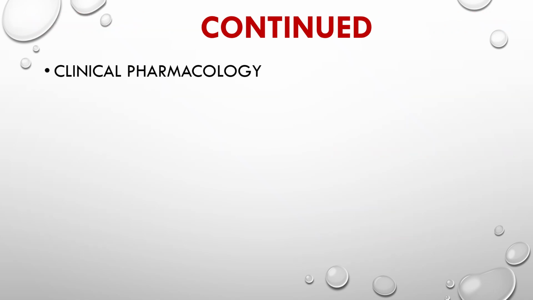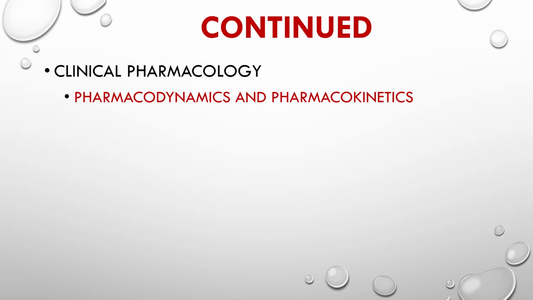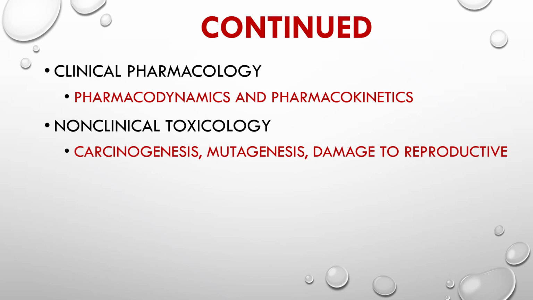A few more things to add to this crazy list. The clinical pharmacology, which is how the drug works, so like the pharmacodynamics and kinetics. Non-clinical toxicology, so again, at what dose does it become toxic, and what are those symptoms that can include like carcinogenesis, which means it can lead to cancer, can lead to mutations, can damage the reproductive system.